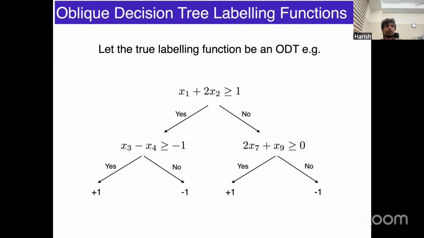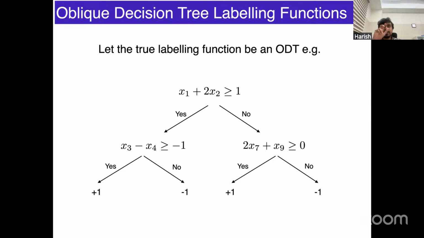If it is greater than or equal to 1, it goes left. And it checks x3 minus x4. If it is greater than or equal to minus 1, it goes left and says that the label for this particular data point x is plus 1. Otherwise, based on whatever leaf node it ends up on, that's the class label for that particular instance.